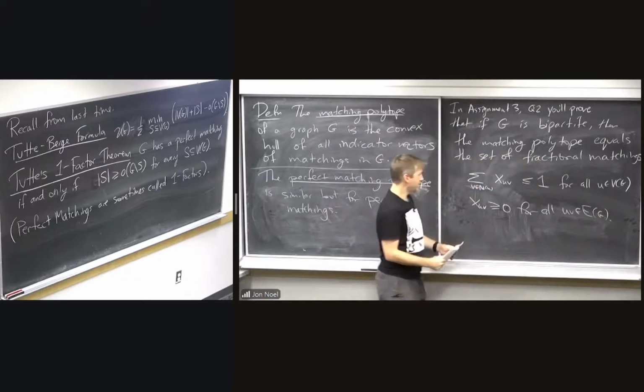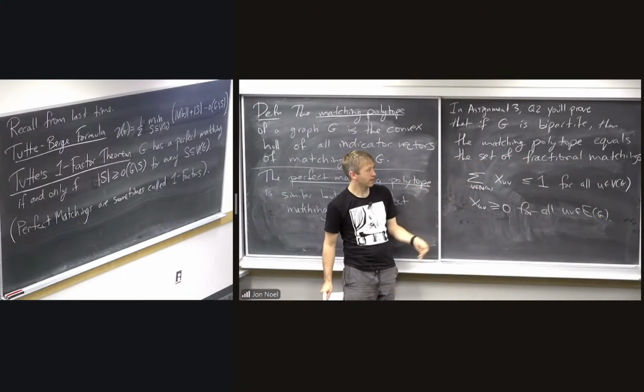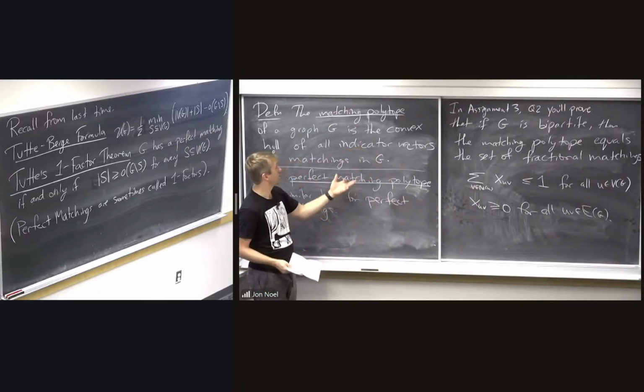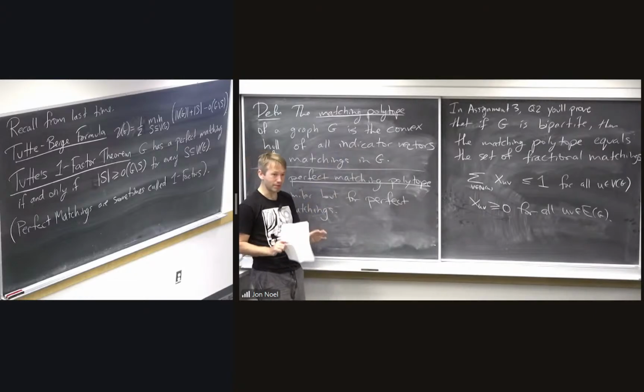So this is what a fractional matching is. And this kind of magical thing that happens is that these two constraints completely determine the matching polytope if it's a bipartite graph, right?